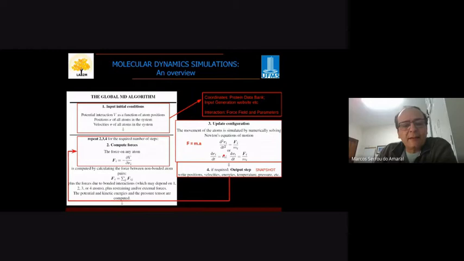After that, in step 3, you get the new positions and new velocities. After saving to disk, I need to calculate the new force again because the positions changed, and I go again to calculate the accelerations, and so on in the cycle. This is the main idea.